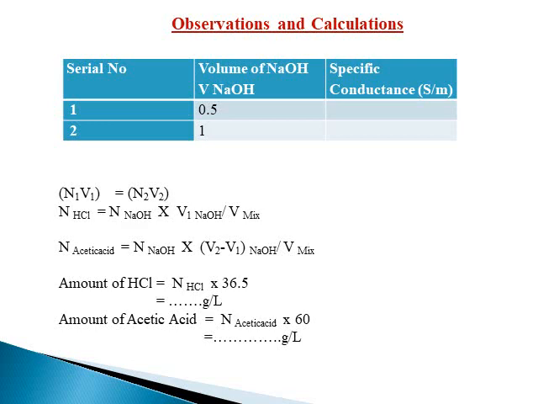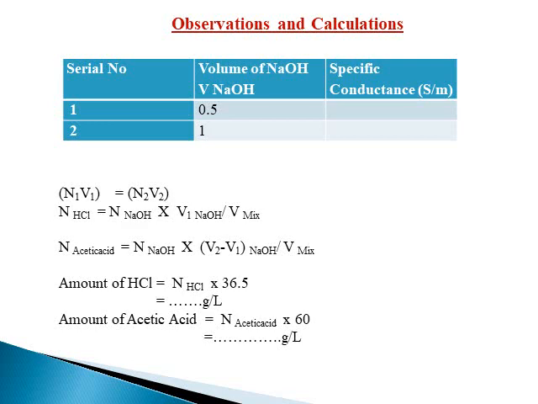Now amount of HCl, normality into 36.5. 36.5 is the molecular weight of HCl. Hydrogen is 1 and chlorine 35.5. In total it is 36.5. So normality of HCl into 36.5, if you multiply, you will get so much amount of HCl in gram per liter.